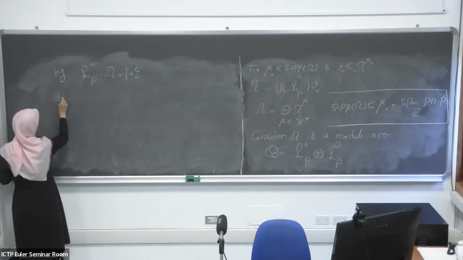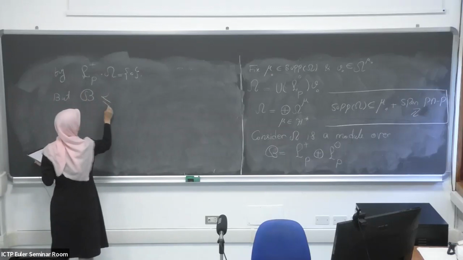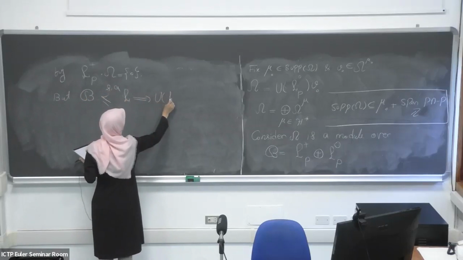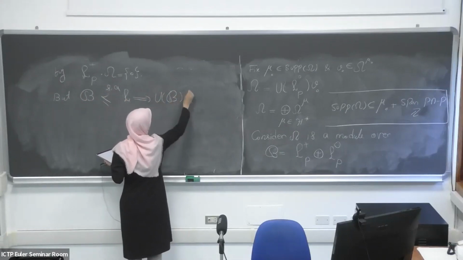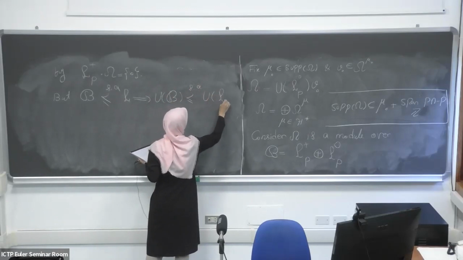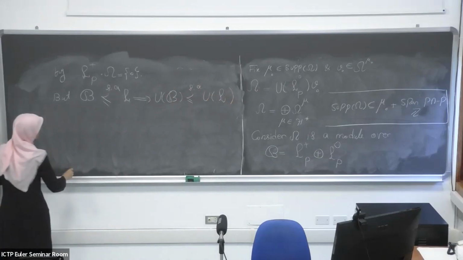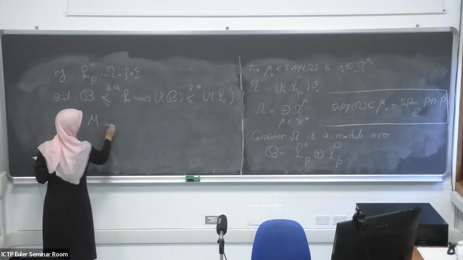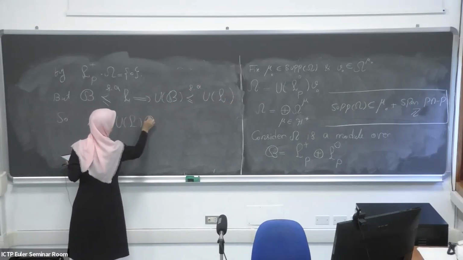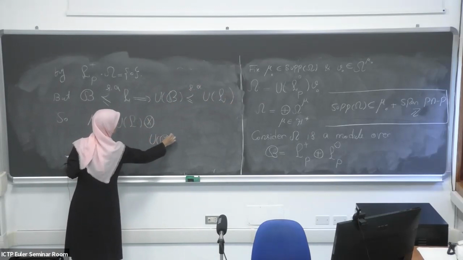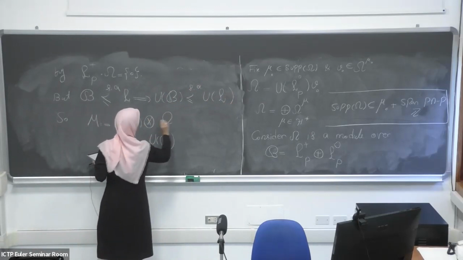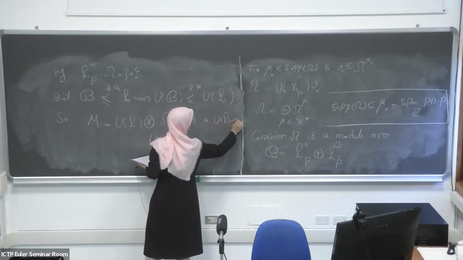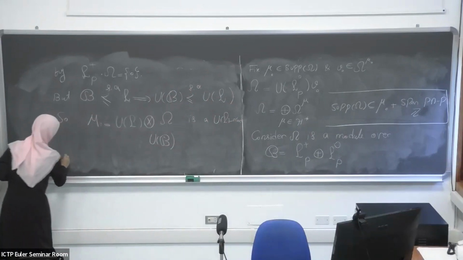But P is a subalgebra of L, and so UP is a subalgebra of UL. So M, which is UL tensor product over UP of Ω, is a UL module, and so an L module.